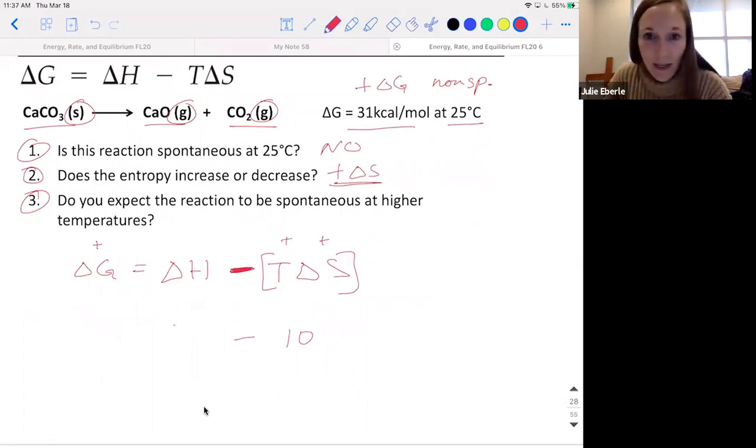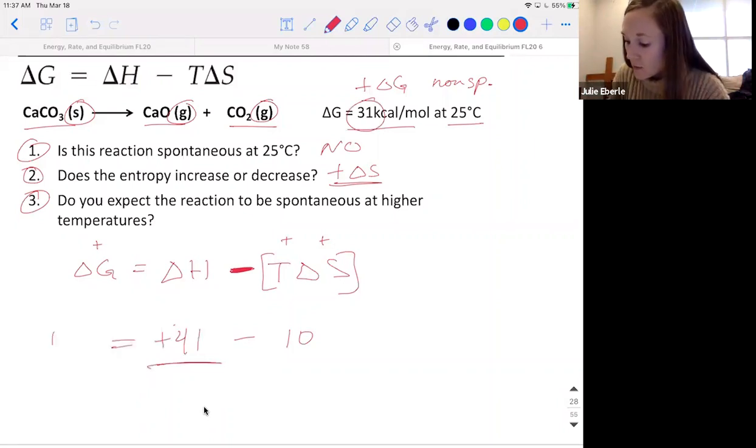Delta H can't be negative here, or we don't get a positive delta G. For us to get a positive 31, delta H would have to be positive 41, right? Does that make sense? So delta H must be a positive number mathematically, knowing that we have this minus sign. Are you guys tracking with me so far? Have I done anything crazy?